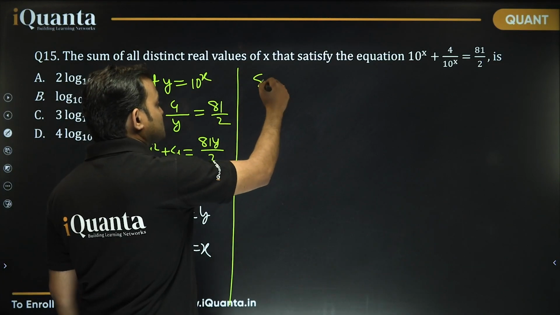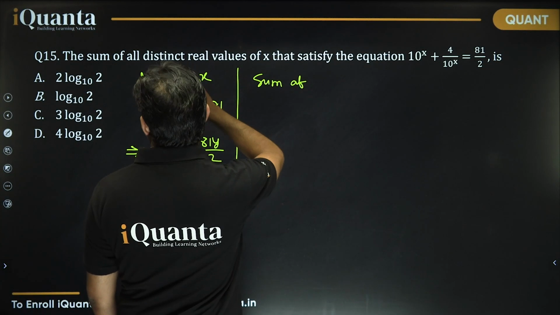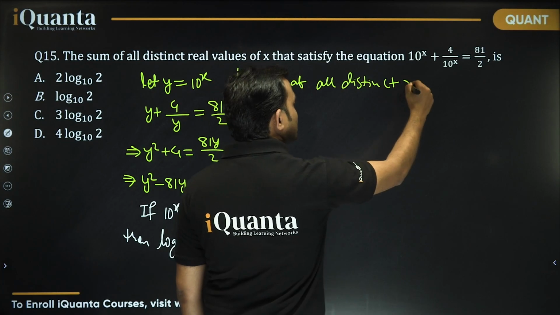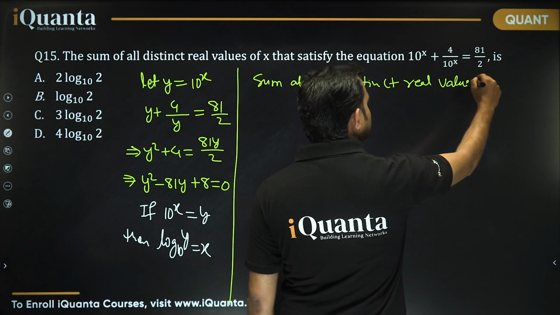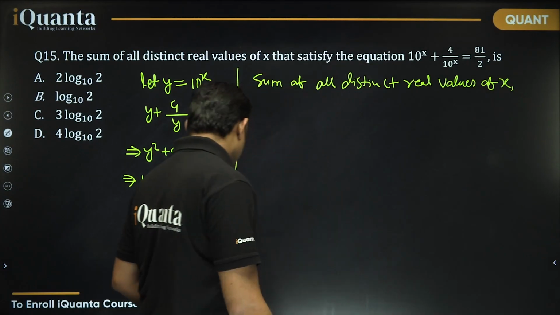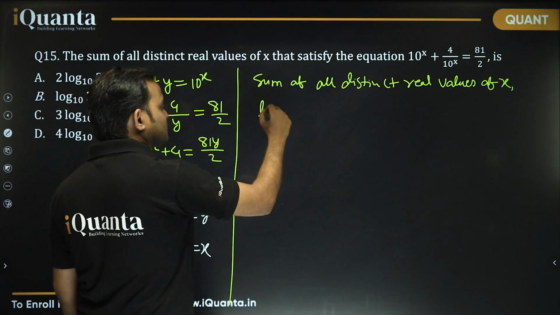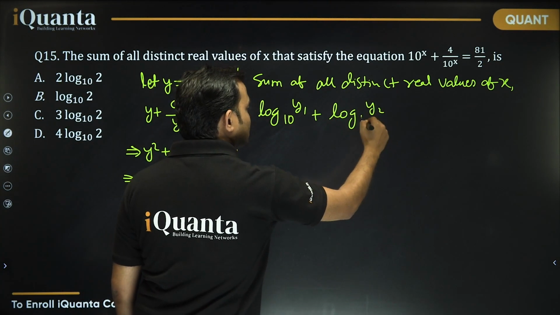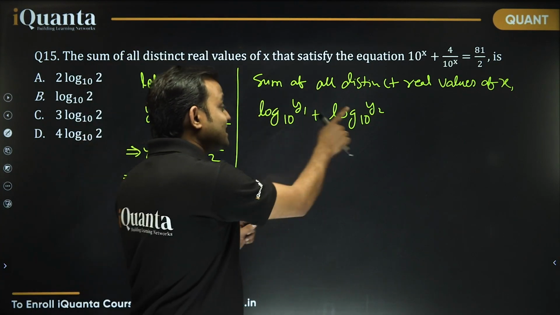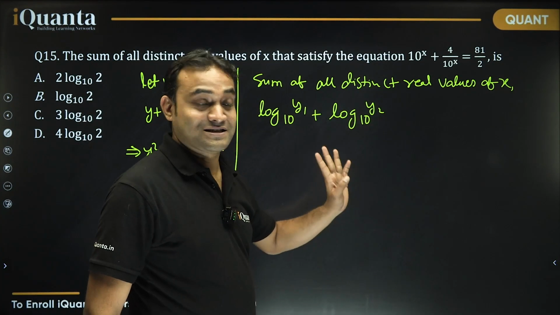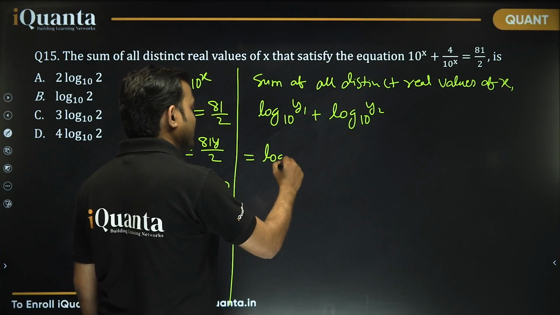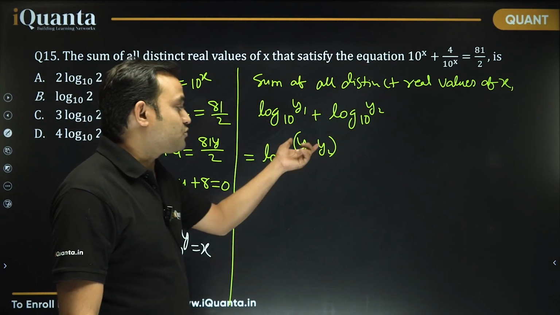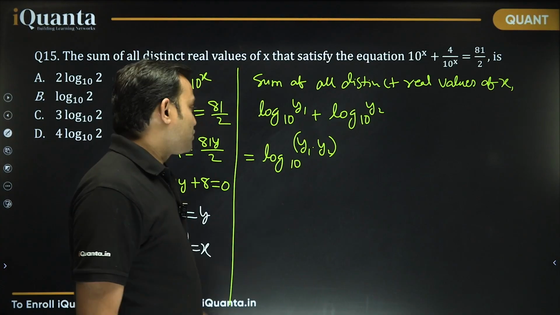So the sum of all distinct real values of x will be equal to, if one of the roots is y1, then this will be log y1 to the base 10, and other is y2, then it will be log y2 base 10. These are the two different values of x, right? So for that, we need to find log y1 into y2 base 10. Means what we need to find? We need to find product of the roots.